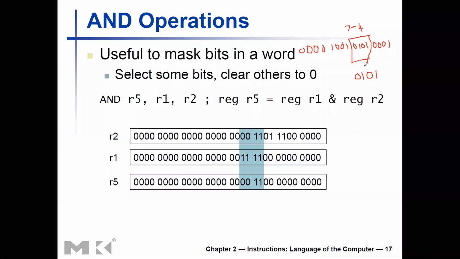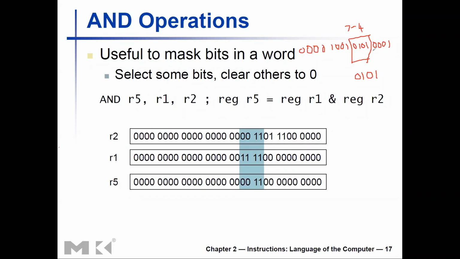But in bit masking, what we need to do is to extract these 4 bits. Maybe that is the word which is more familiar to you, extract. So you need to extract these 4 bits and clear the other bits to zeros.